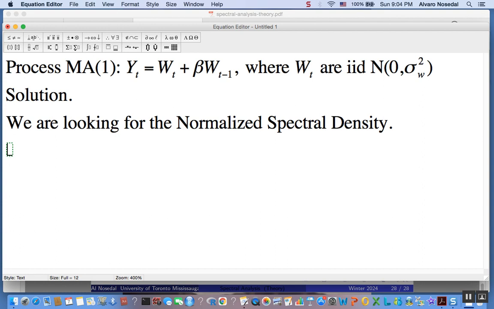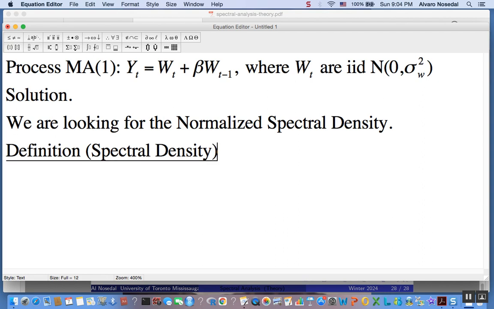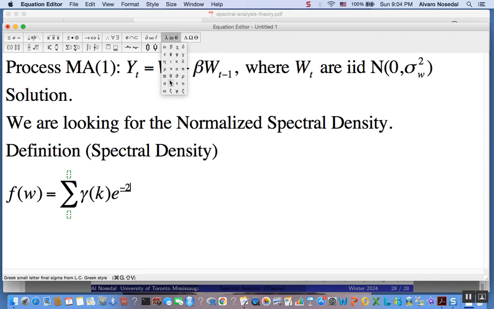Okay, here we go. First, the definition of spectral density. f at w equals a summation of gamma at k, the autocovariance function at lag k, times e to the power negative 2 pi w i k, where i represents the square root of -1.